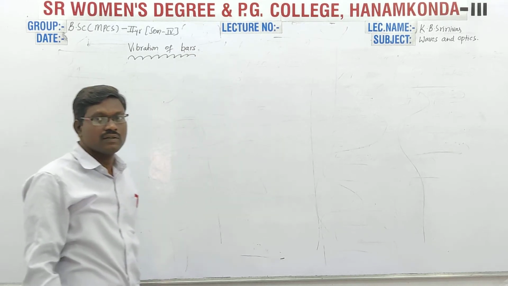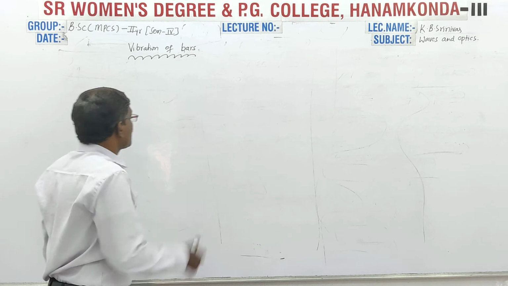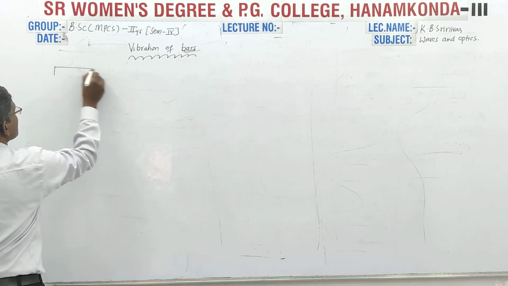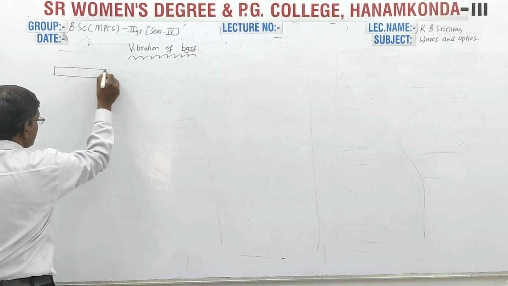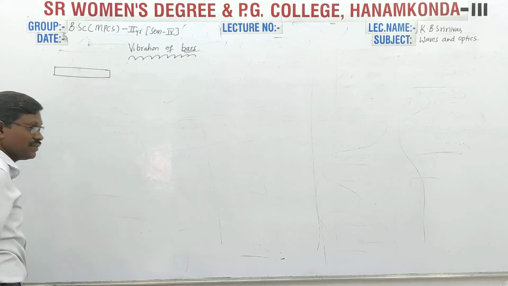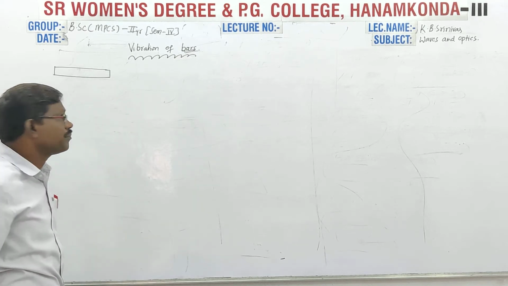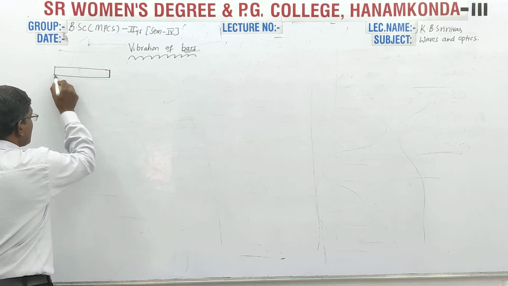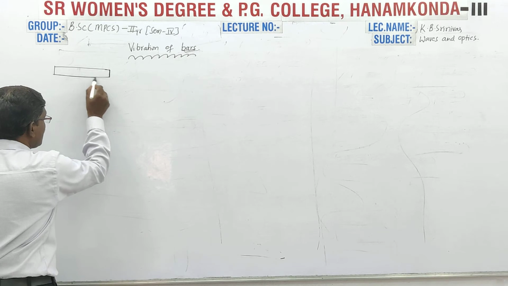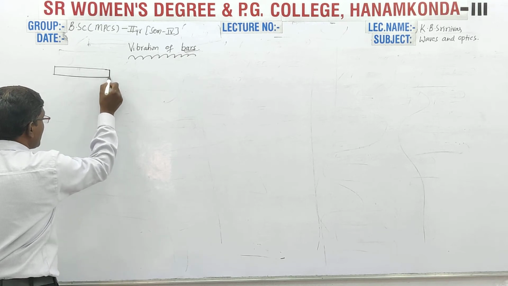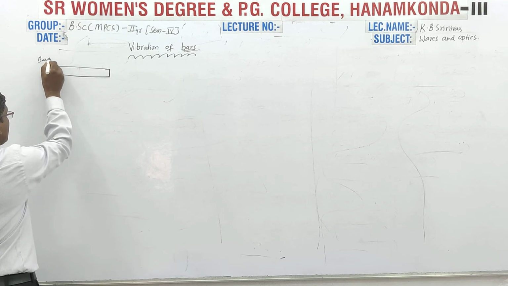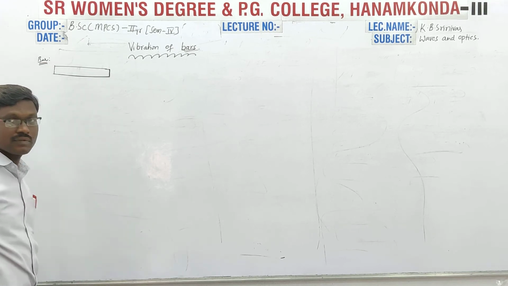First of all, we have to know what is a bar. A bar is a long rod, with long length when compared to its area of cross section. That is taken as a bar.